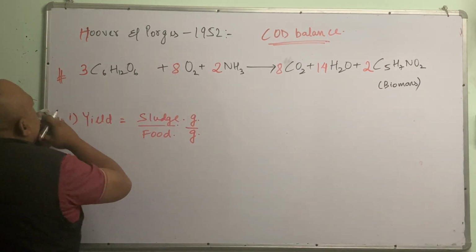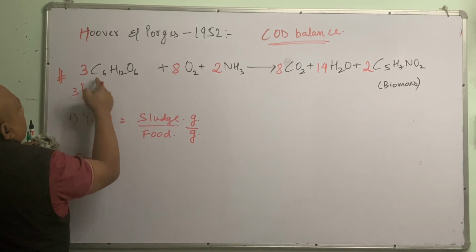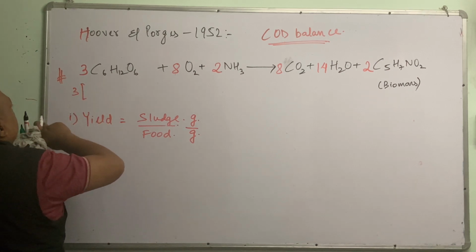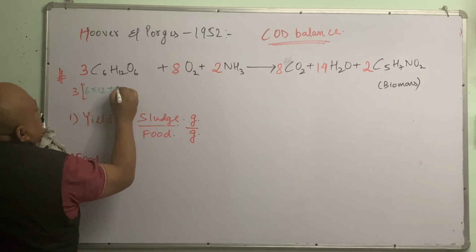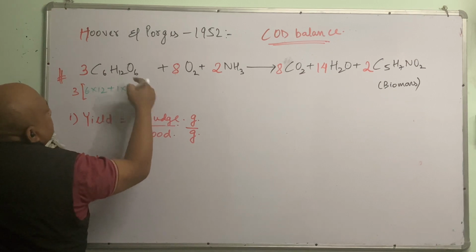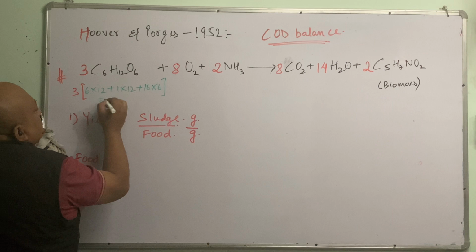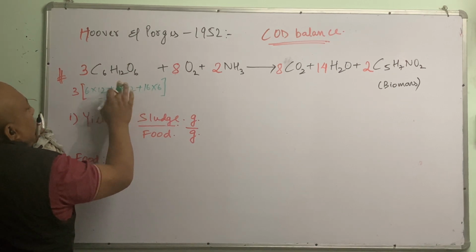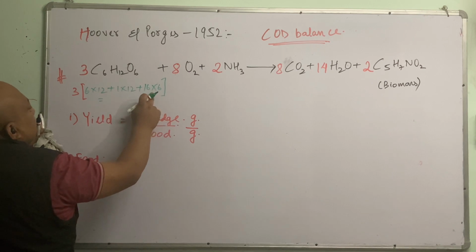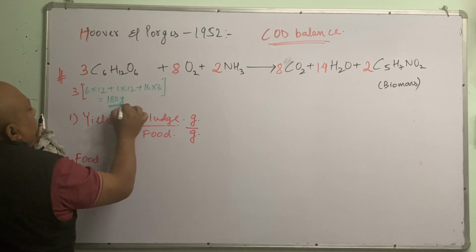Always remember, glucose is 6 into 12 plus 1 into 12 plus oxygen 16 into 6, is equal to 72, plus 12 is 84, 84 plus 96, so this is 180 grams.